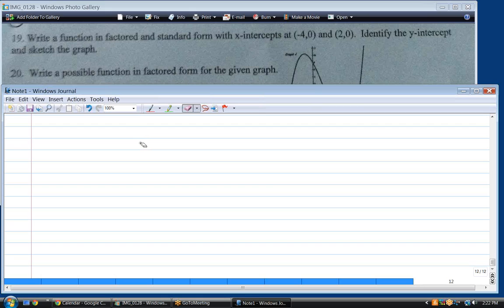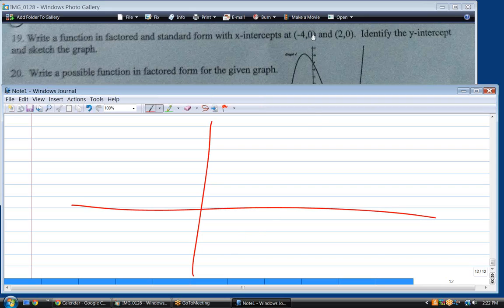If I have a function that has x-intercepts at minus 4 and at plus 2, that means my function could do something like this.